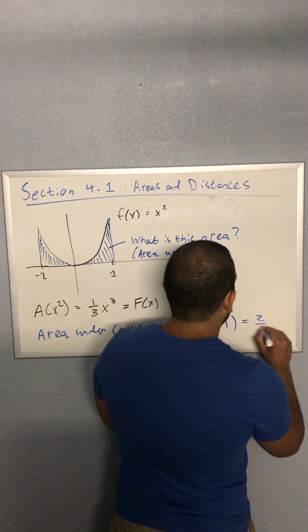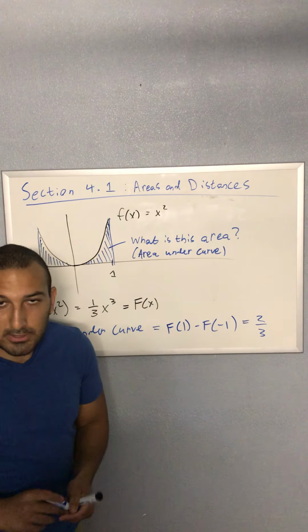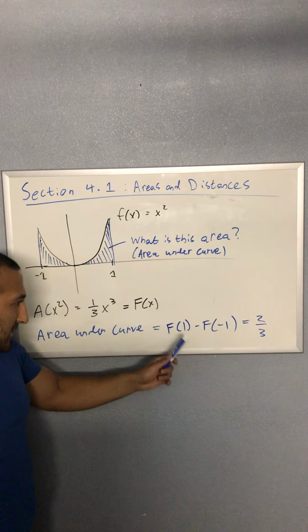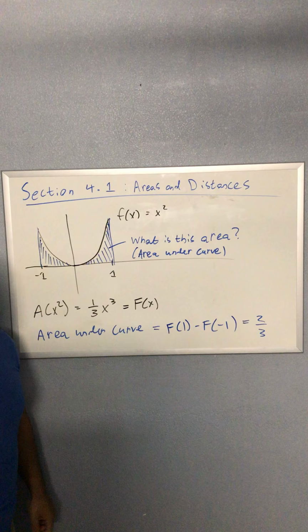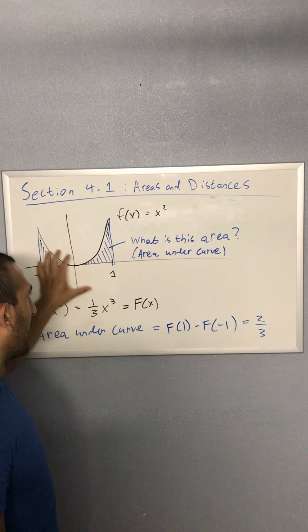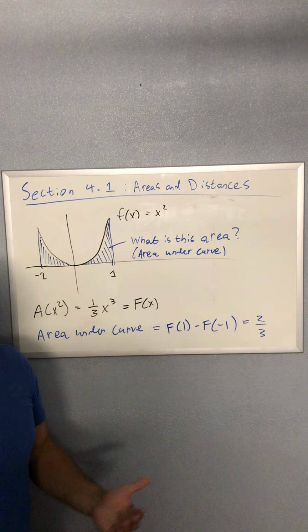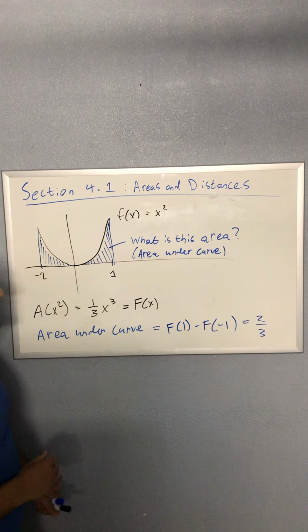And this will end up being 2/3, precisely right on the dot, which is very cool. It's amazing that the antiderivative is linked to the area under the curve. And we'll see why this question is so important, and it's not just some random thing that math people care about, which I understand can be very weird at times.